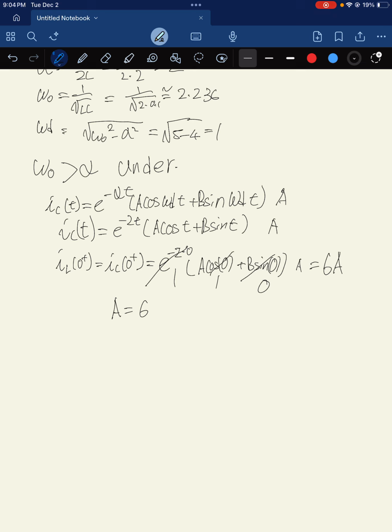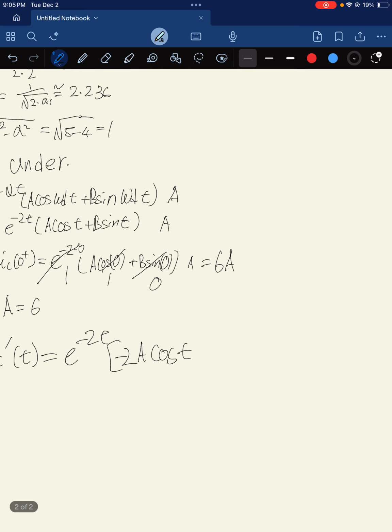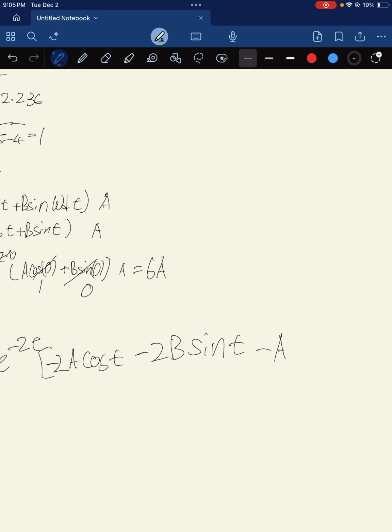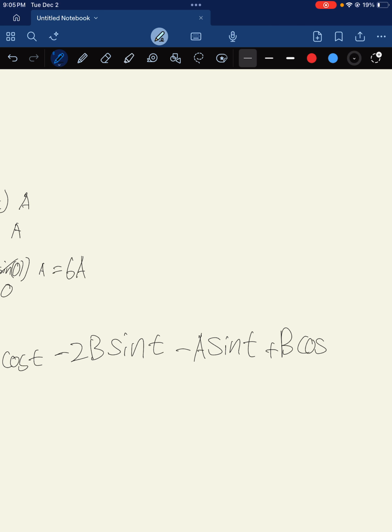So IC prime of t is going to equal e to the negative 2t times negative 2a cosine t minus 2b sine t minus a sine t plus b cosine t.